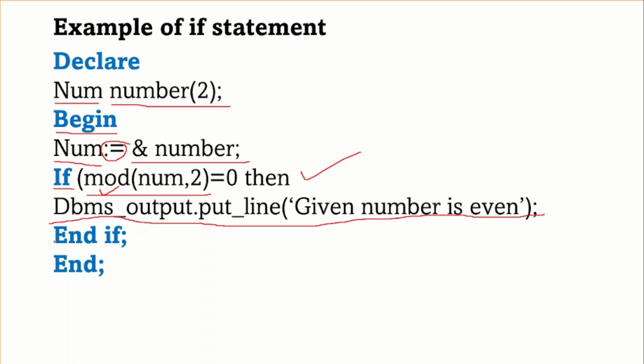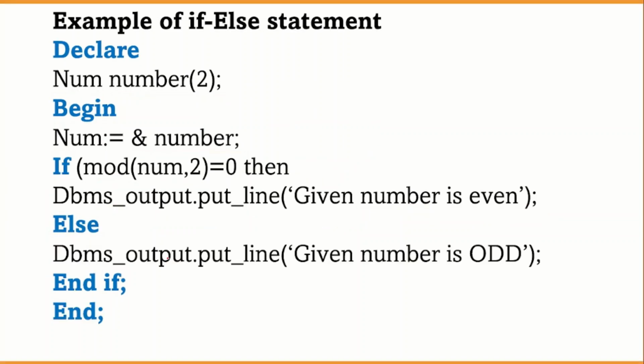So dbms_output.put_line is the package which runs and gives output to the visual display unit. This is if, this is end if, this is begin, this is end of begin. Only you need to compile. So that we'll learn in the practical part of the video.